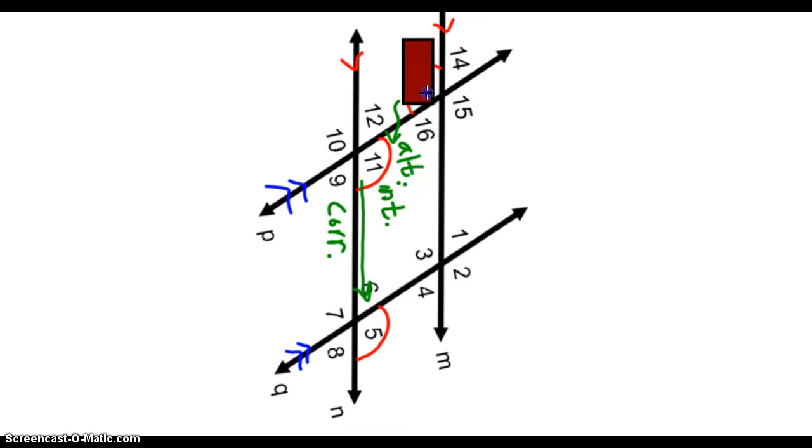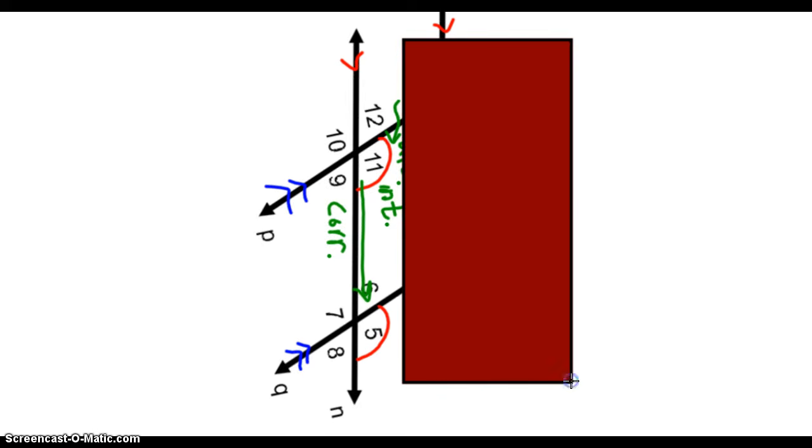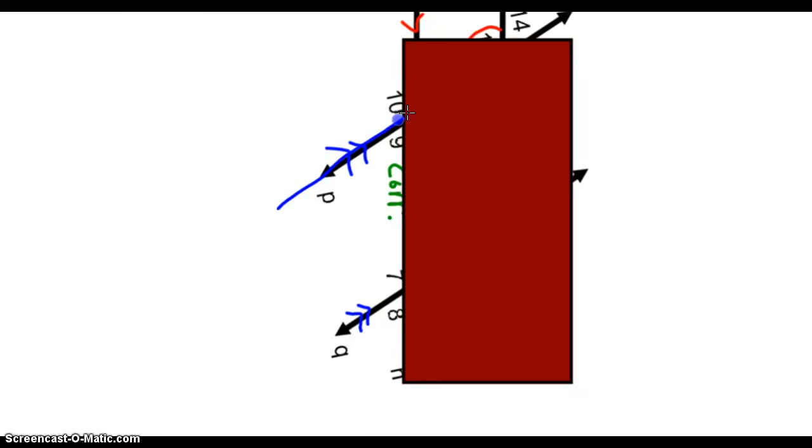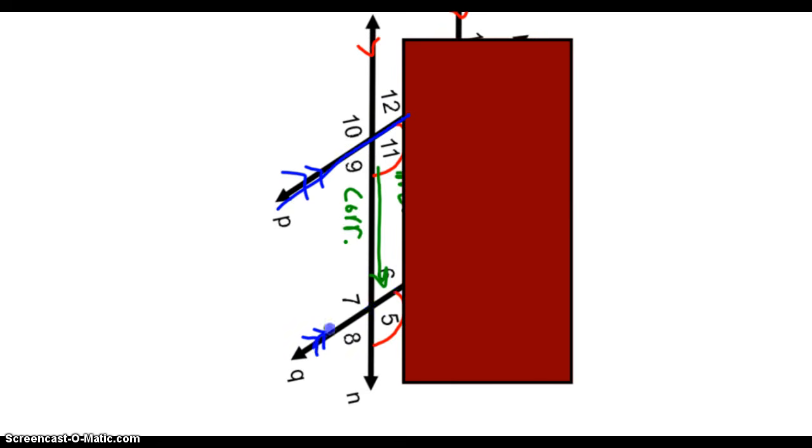Okay, so just look at those two. And now we can see that just on that transversal, 11 and 5 are corresponding. They're both in the bottom right corner of both of those intersections. And it makes it a little easier if you just cover up the intersections you're not looking at.